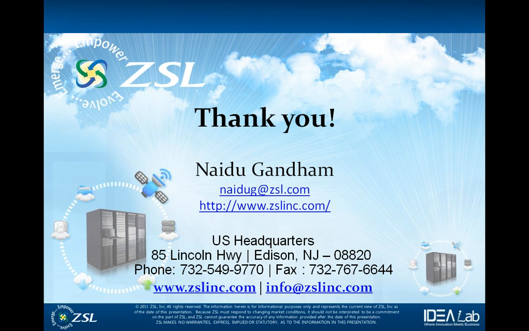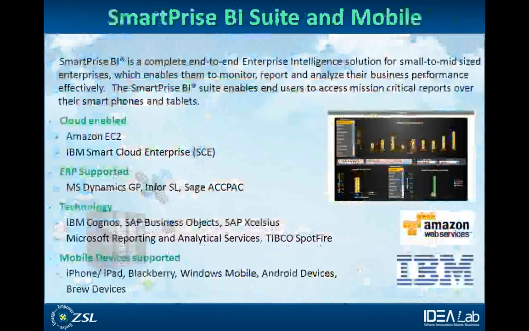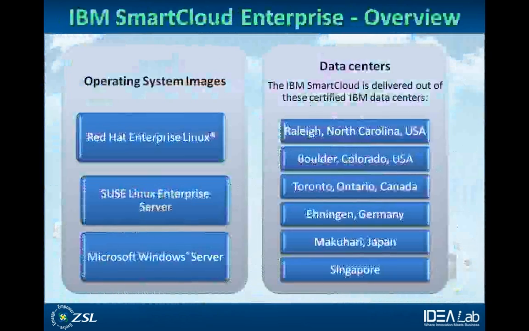That's great. So can you please elaborate a little more about IBM's cloud data centers? Yeah, I think we had a slide here. Let me go back. Yeah, so basically IBM's cloud is deployed currently in 6 data centers.